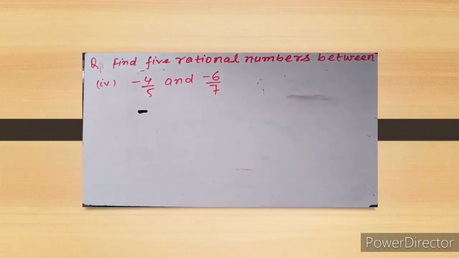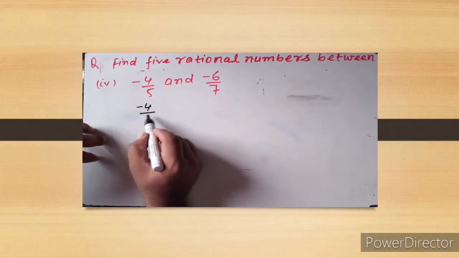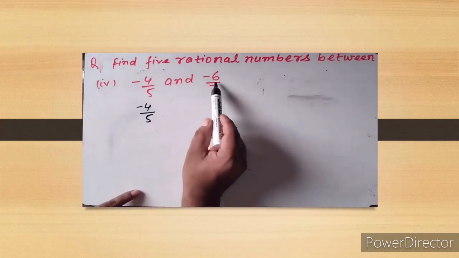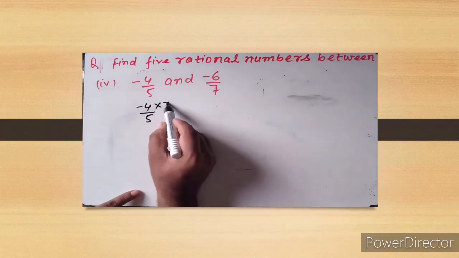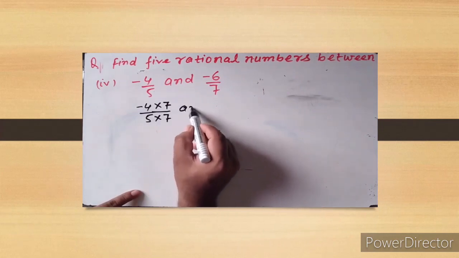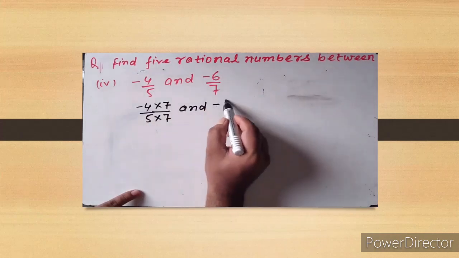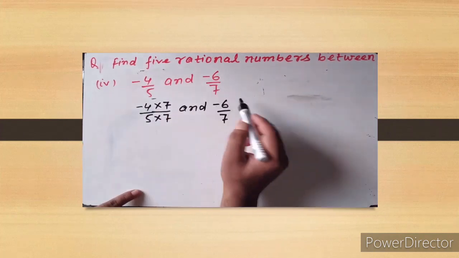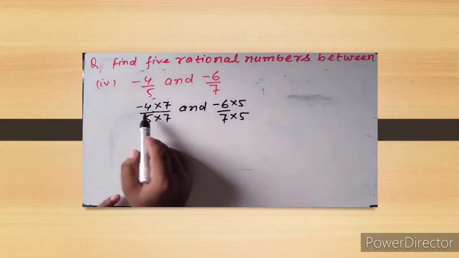Here minus 4 upon 5, and we will take the denominator of the other one. That denominator is 7. We will multiply this numerator and denominator by 7, and we will take the other one, minus 6 upon 7, with denominator 5, and multiply its numerator and denominator by 5.